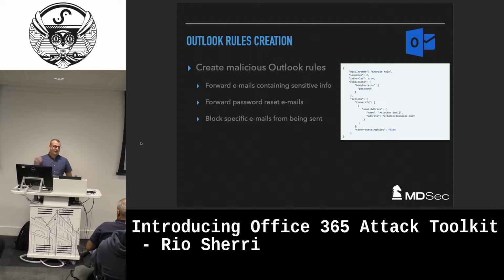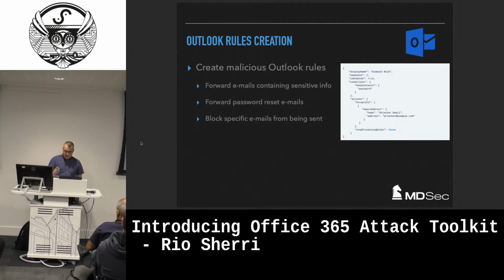Then you just go to the third-party service and issue a password reset. The email with the password reset information will be sent to the user, but because the rule is there, it will also be forwarded to the attacker. In this case, you literally gained access to a third-party service without even having access to the user's email anymore.